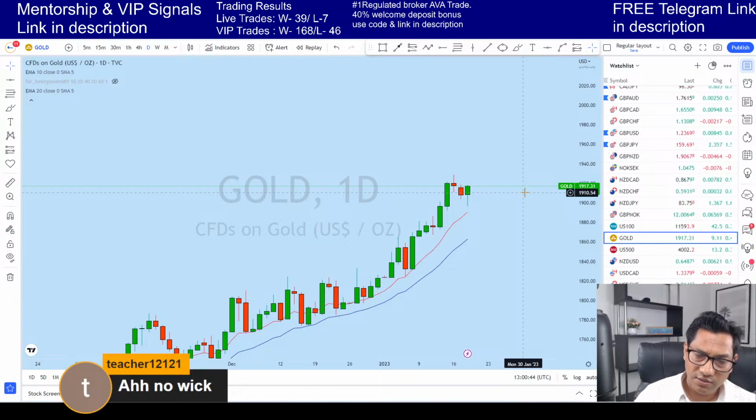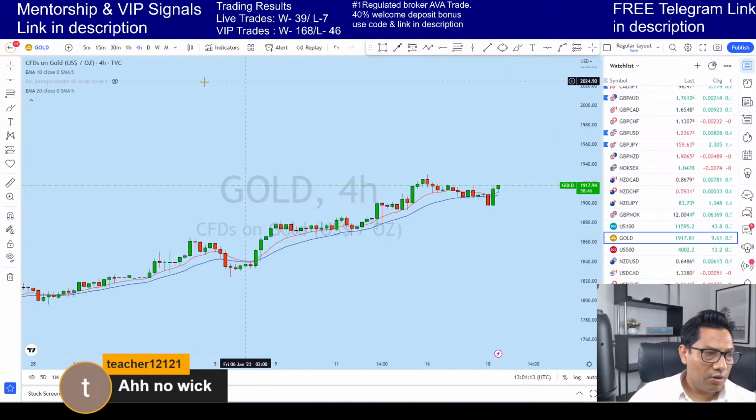The reason we need to look at multi-time frame analysis and the trend is to understand the market structure, the trend, when the trend starts and when it ends, which is also very important. So this is the starting of another impulse, so it's very important.